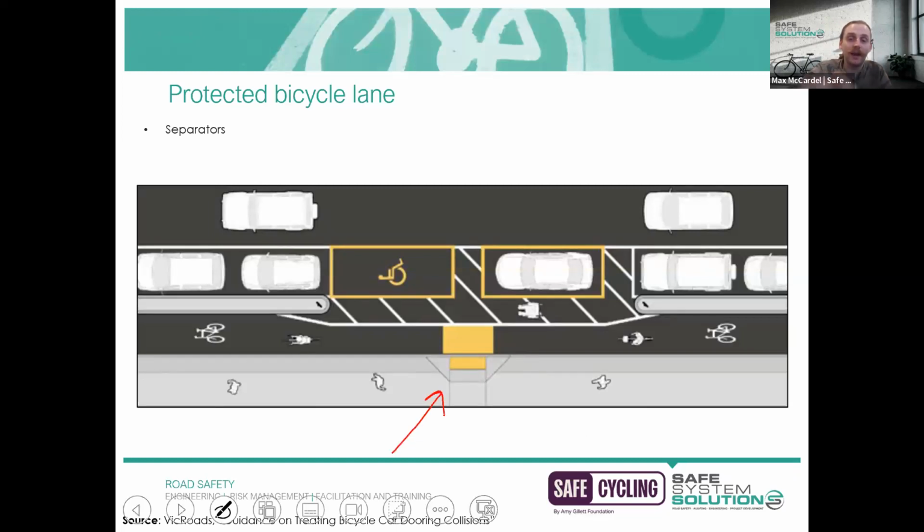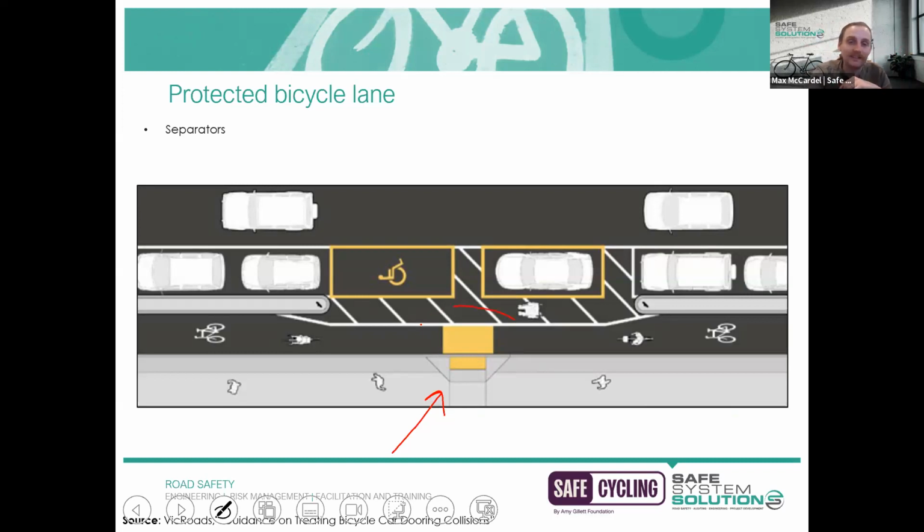You'll have to have a think about how you're going to bring them to the curbside. That could be at dedicated points, likely through the use of curb ramps. And also you might want to implement some type of treatment so it's clear where people accessing those bays cross the protected bicycle lane, both from the perspective of the cyclist, so they know where that conflict point exists, and also just to help those traveling to and from the cars that they have the ability to see where they should be crossing that.